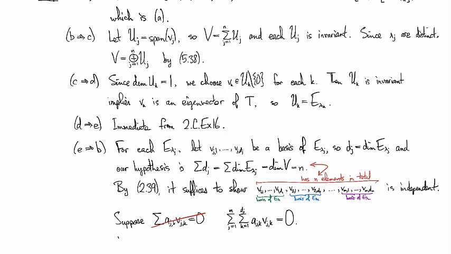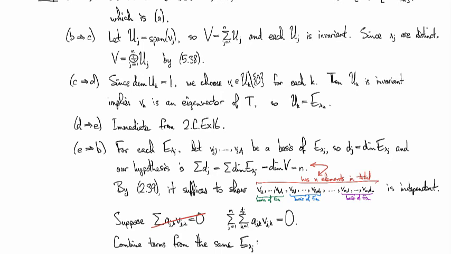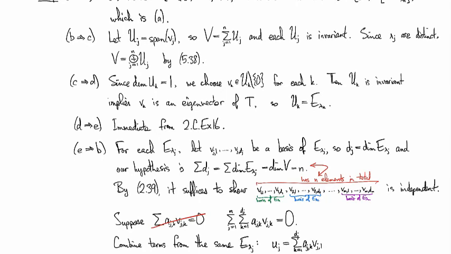Then we can combine terms from the same eigenspace. So we can let Uj be the sum k equals 1 to dj of just those terms that live in E lambda j. So that's just these ones.